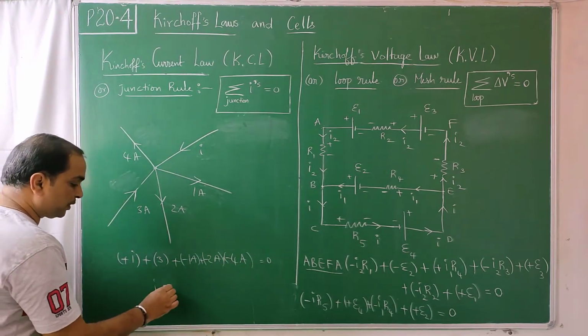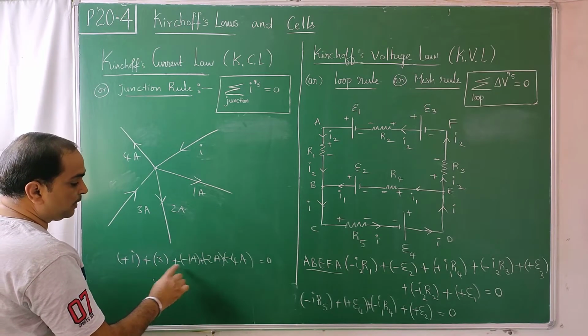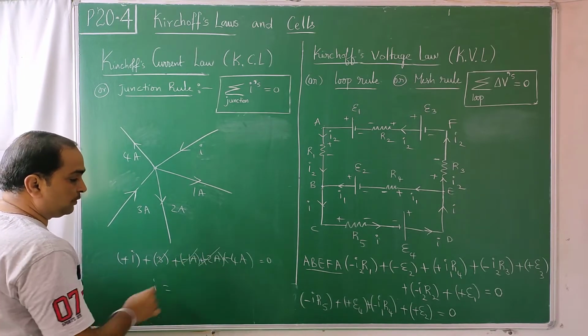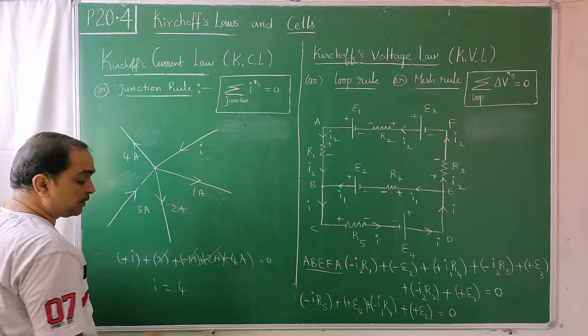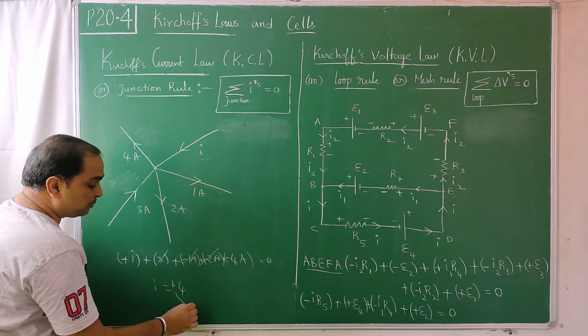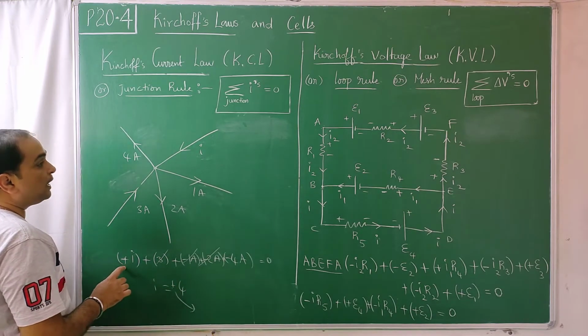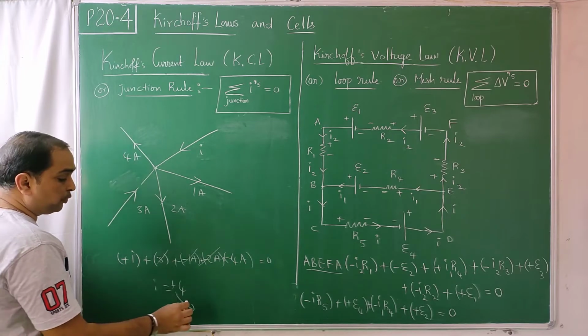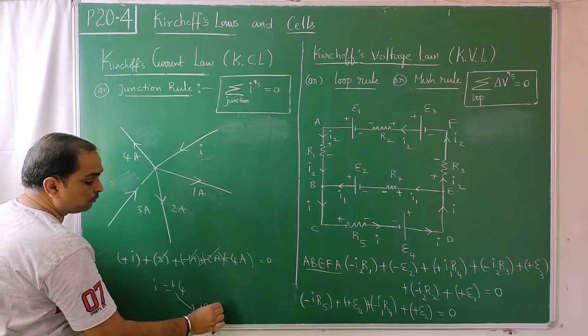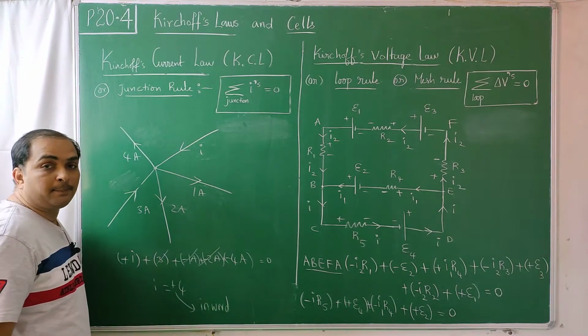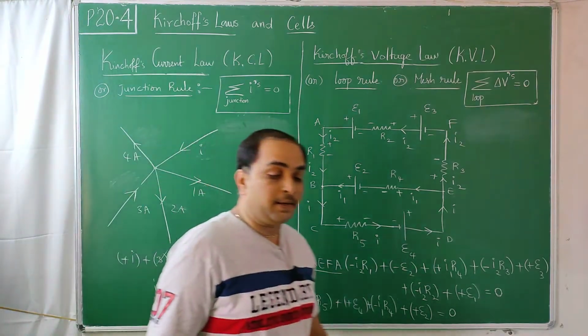So I is equal to 3 plus this, and the plus and minus get cancelled. So 4 minus 4 goes outside, 4 amperes, and you got plus 4. What does plus 4 mean? For example, you have taken incoming I as positive, so 4 amperes should come in. Inward current. If it comes minus, it's an outward current.